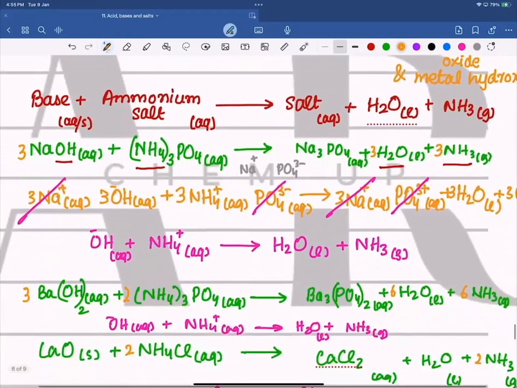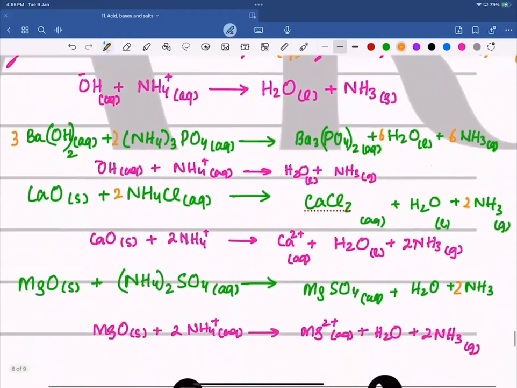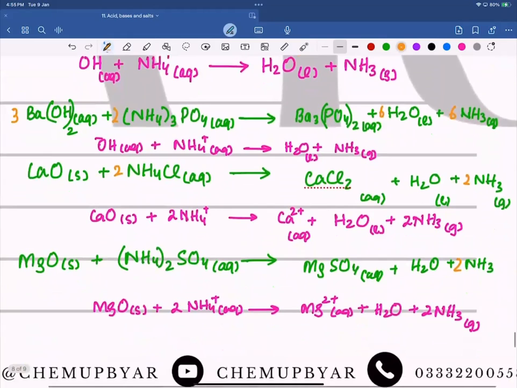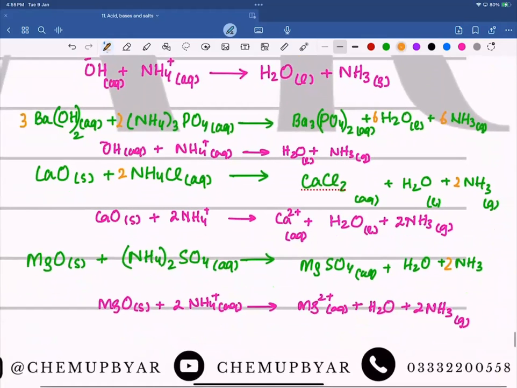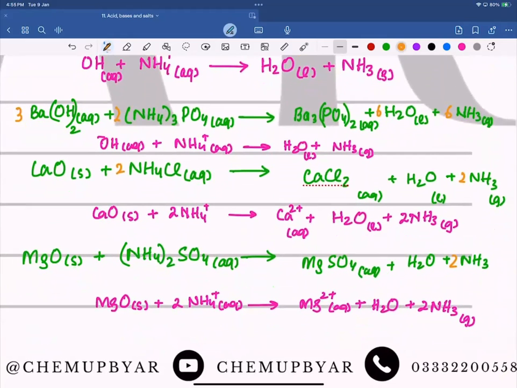And that will be the ionic equation. Now you can see the rest of the equations as well. Complete these equations, and if you have any doubt in any of the equations, please ask. The pink one or the ionic one.